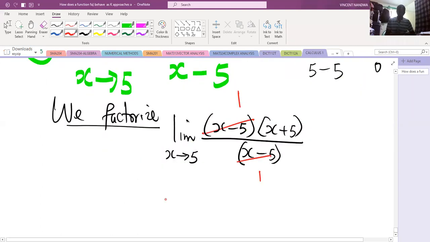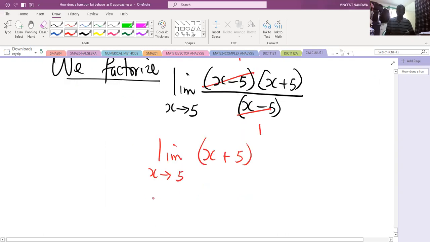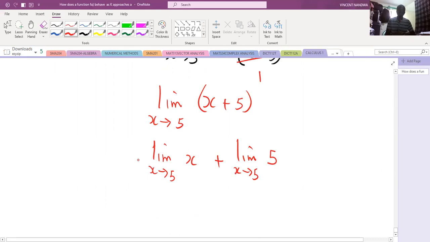We'll have limit as x approaches 5 of x plus 5, and using the first property, the limit of a sum, we have limit as x approaches 5 of x plus limit as x approaches 5 of 5. By direct substitution this gives us 5, and we said the limit of a constant is a constant. So 5 plus 5 is 10.